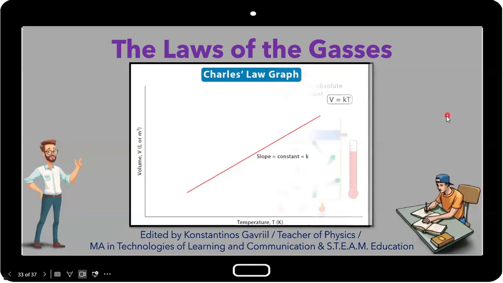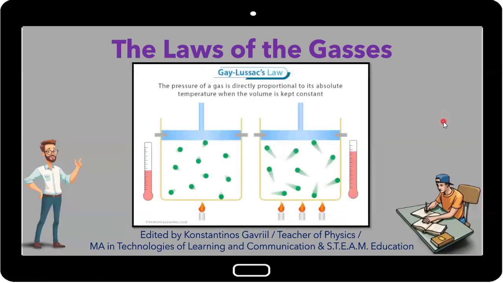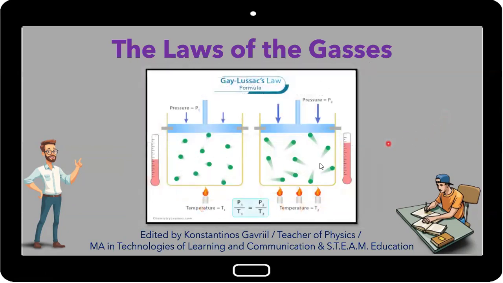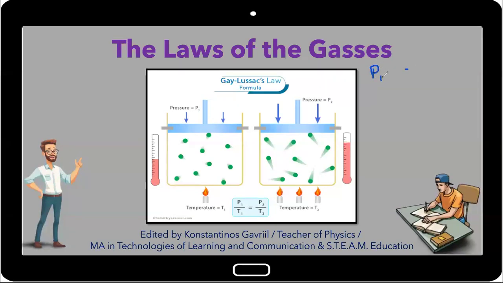And the last one is the Gay-Lussac law, where we have the volume to be constant. And if we use again this general P1 V1 above T1 equals P2 V2 above T2, we have the volume to be constant now and the fraction P above T to be constant.